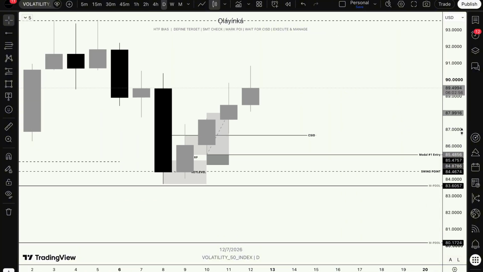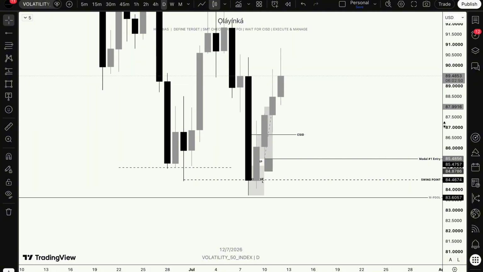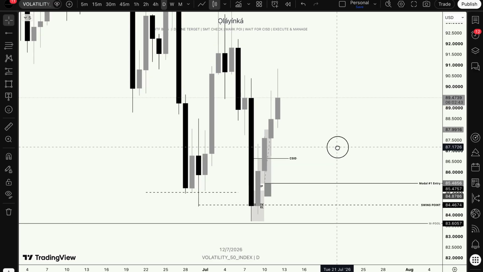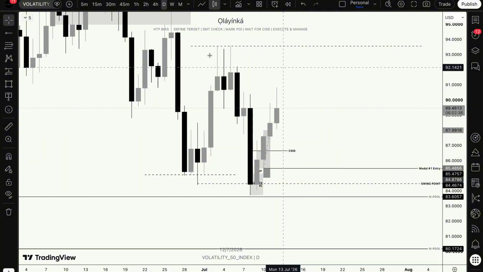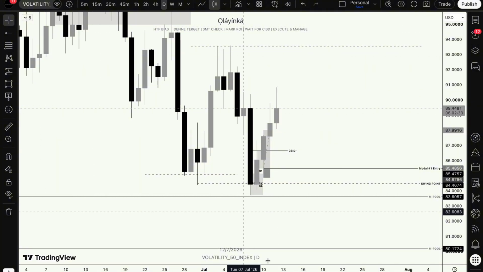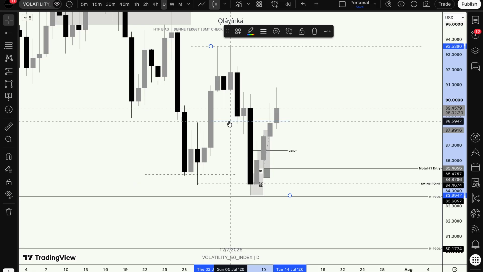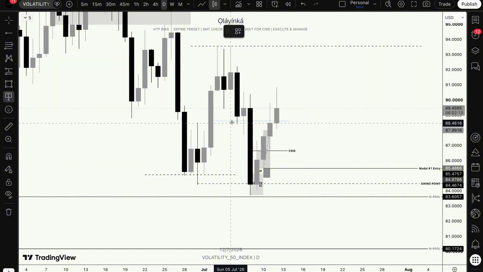If I go to the daily, right, this expansion that happened here, and we take my Fibonacci and place it here to this place, this current expansion is my trading range.